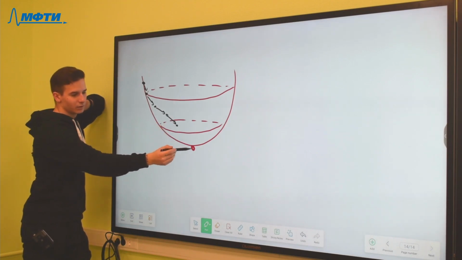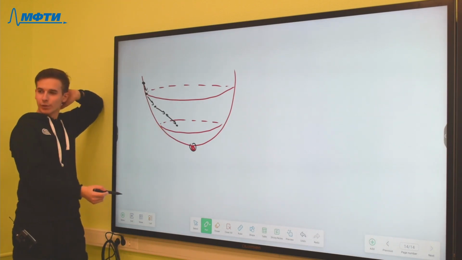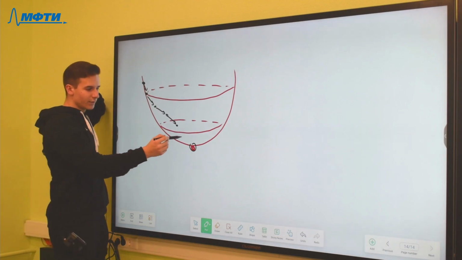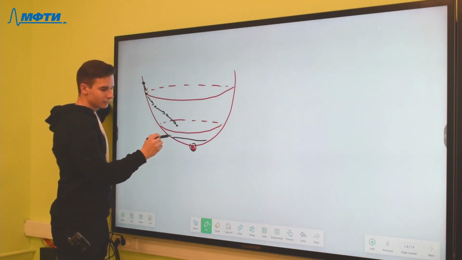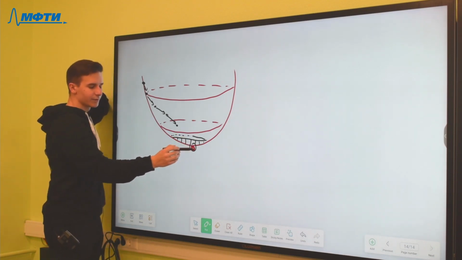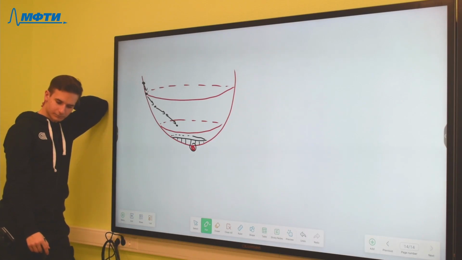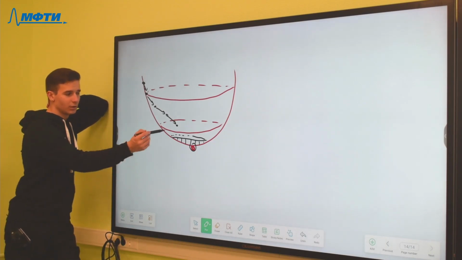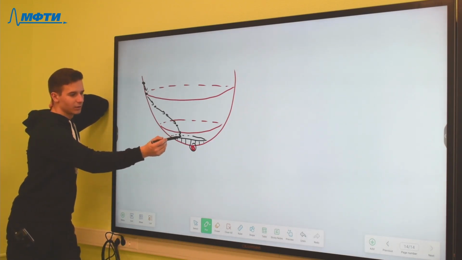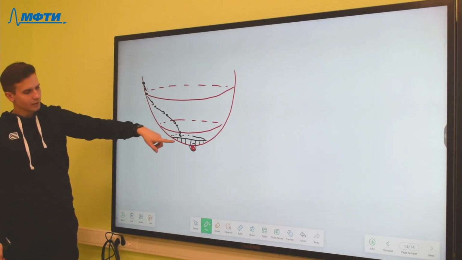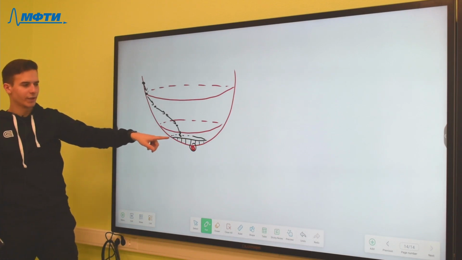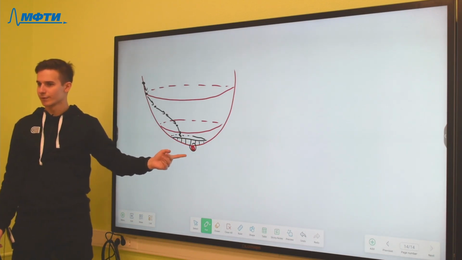the right point. But there are a lot of algorithms such that in finite time you appear in a very small neighborhood of these points.